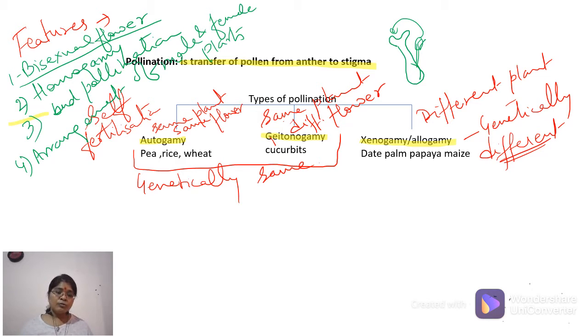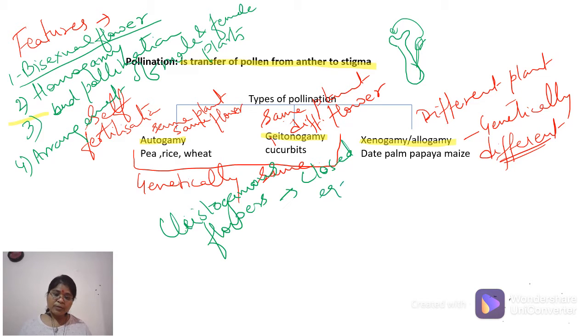Now you have heard about two kinds of flowers given in your NCERT: cleistogamous flowers, which are always closed. One of the best examples is viola. They never open.